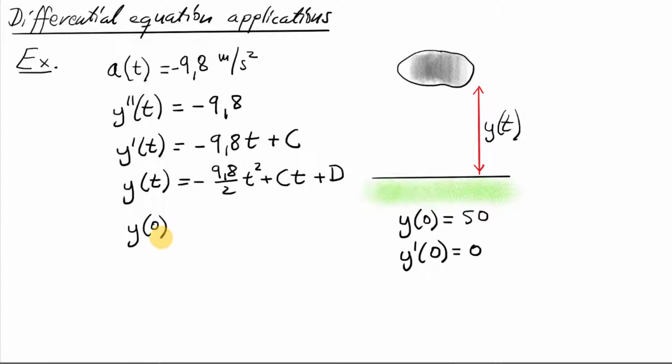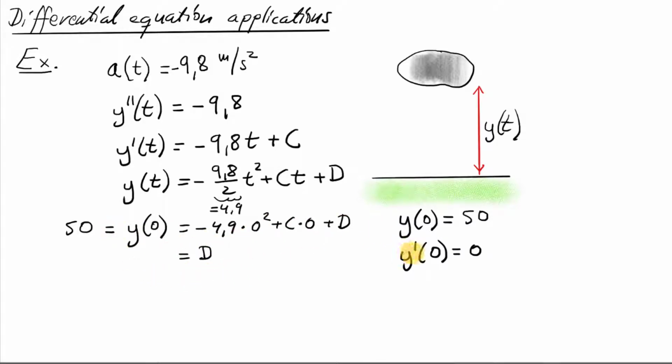We put 0 here, then this should be equal to 50. And on the other hand, we put in here, and here we have 4.9. And you see that this disappears and we have d left. So d must be 50.